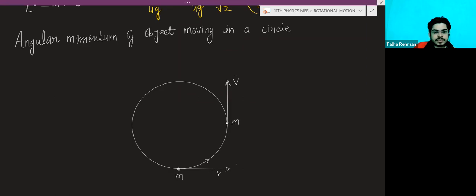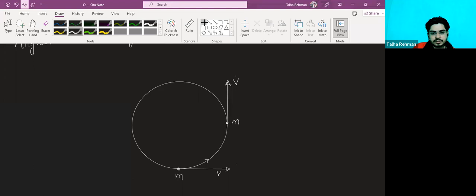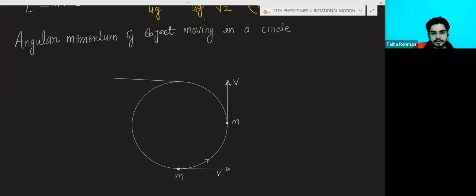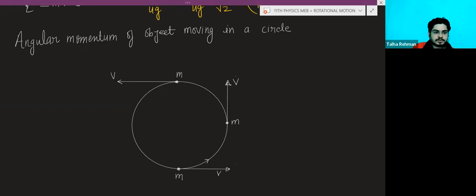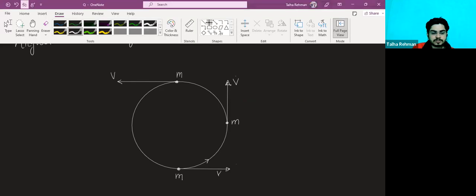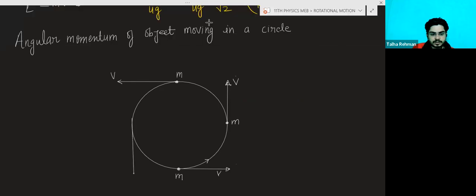After some time the particle is here, and the velocity of the particle is in this direction, that is v. After some time the particle is at this position, and the direction of the velocity will be tangential, v.